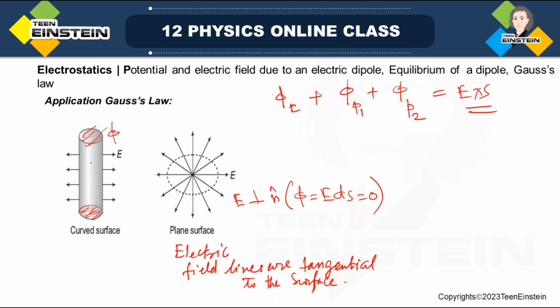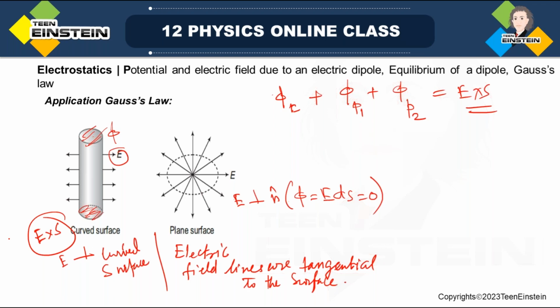Now I am left with the curved surface. If you have your electric field lines radially outward, then these electric field lines are perpendicular to the curved surface. So in this case there will be maximum flux, E into S. E is the electric field, which has a constant value at each point on the curved surface, and S is the surface area of the curved surface.